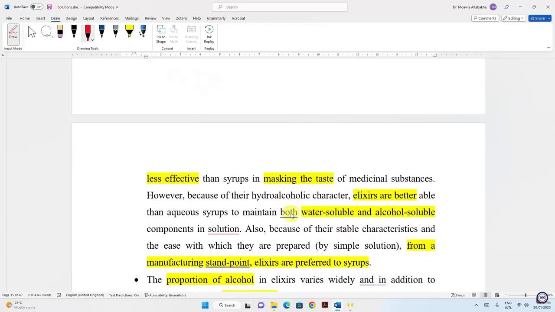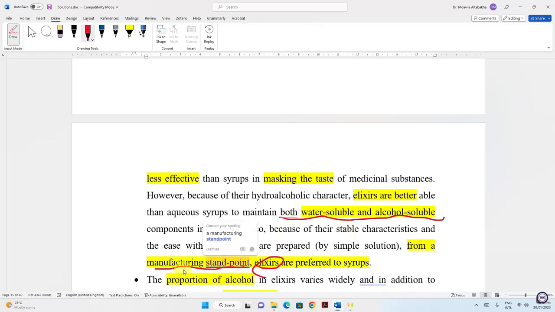But from the manufacturer's point of view, they prefer elixirs. Why? See what is the good thing about elixirs. First, they can dissolve both water soluble and alcohol soluble components, unlike syrups, which usually have water only.